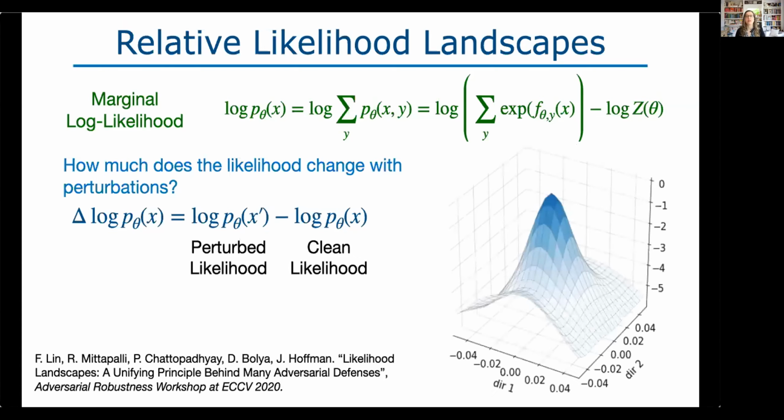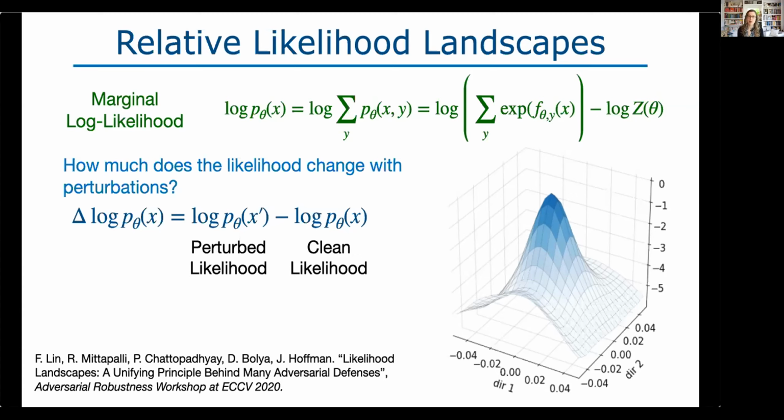So this gives us the ability to create a visualization where the center point is again going to correspond to the clean likelihood. So in this case, it's going to be that we have no change. And all the points that vary around it are going to be the response to some projection space.